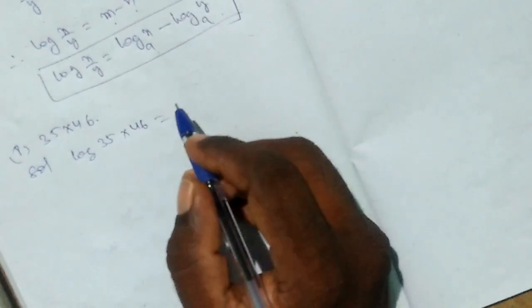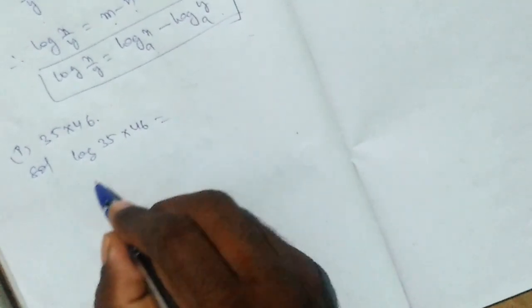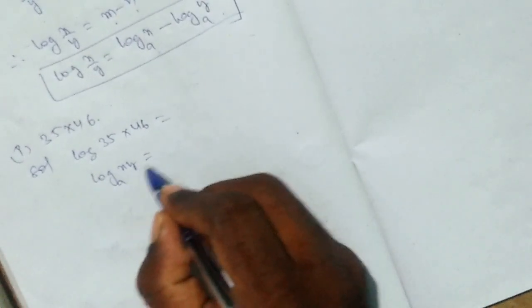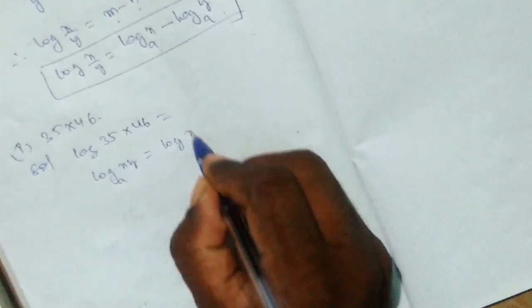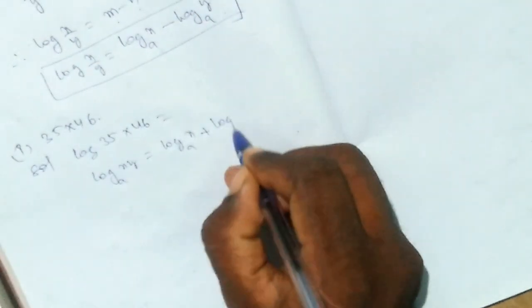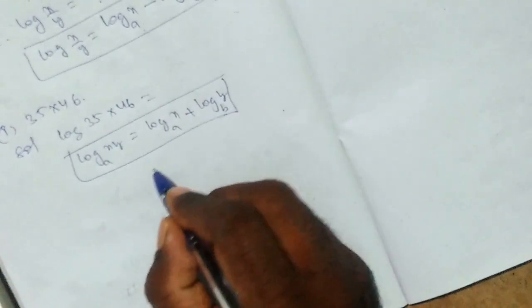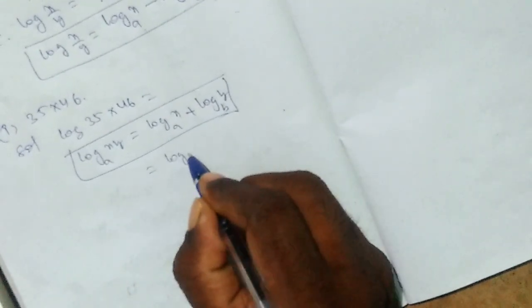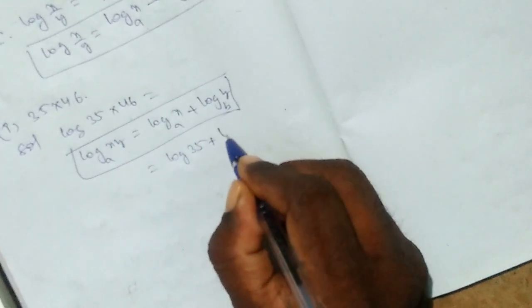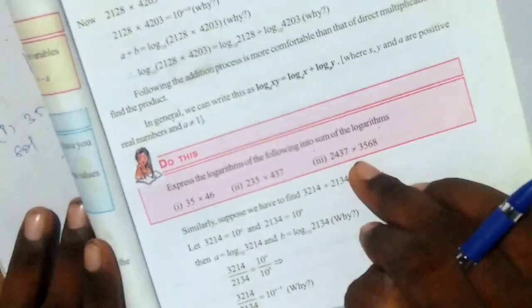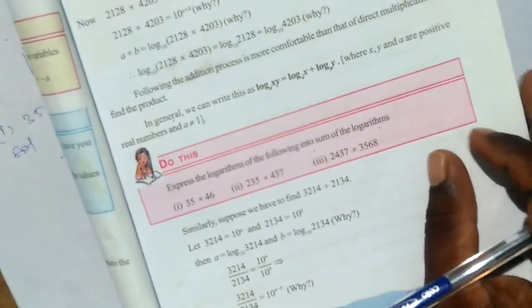How can we express this? Log xy base a is equal to log x base a plus log y base a. Here x is 35, y is 46. So it is log 35 plus log 46. You can solve the remaining two problems in this way.